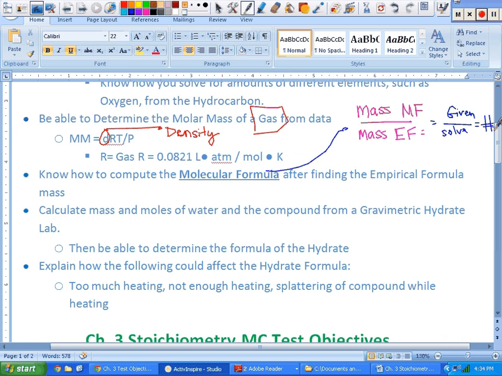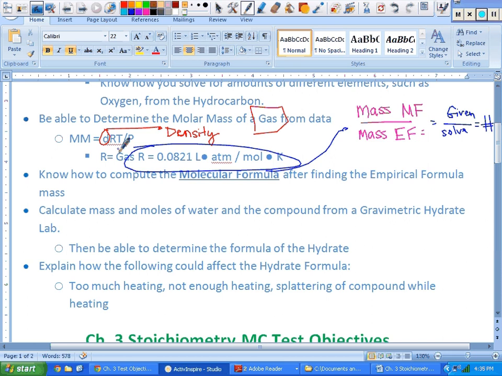Yes, sir. Okay, so L·atm over mol·K. We've already talked about this, but what does that go with? How do you know when to write L·atm over mol·K? That is the unit for R. What is the unit for mass? Grams. What is the unit for volume?